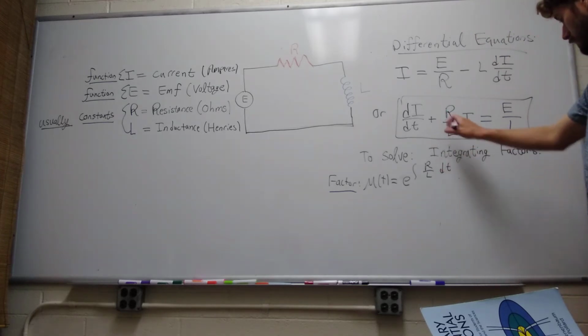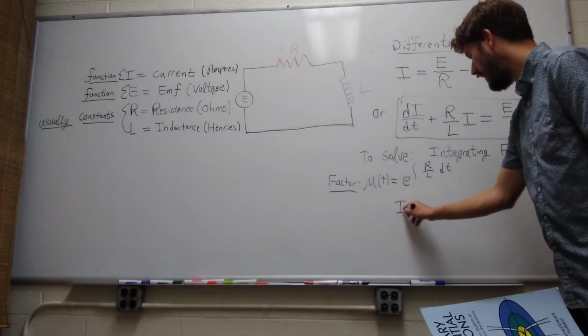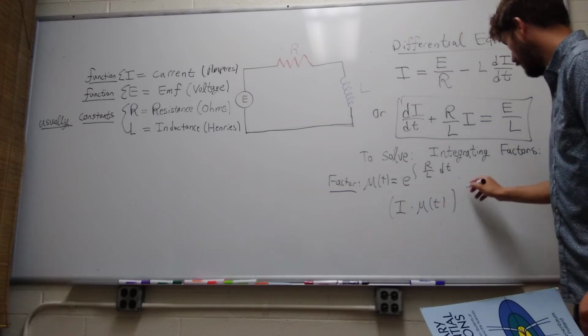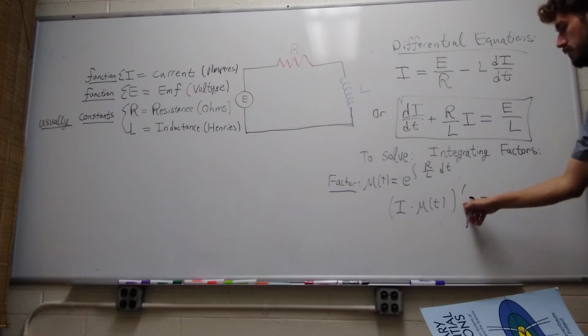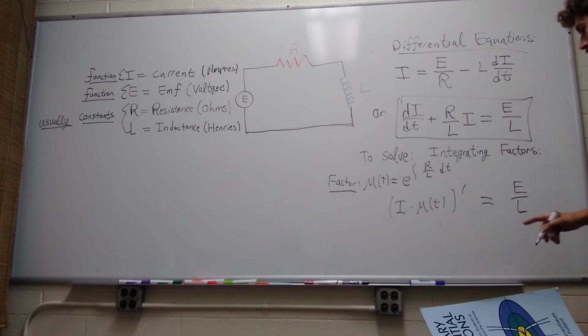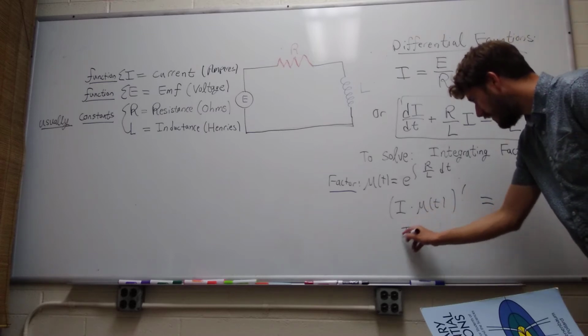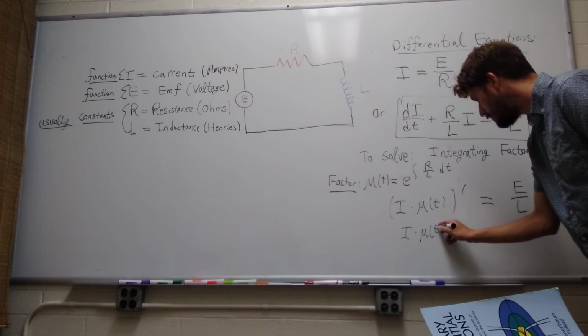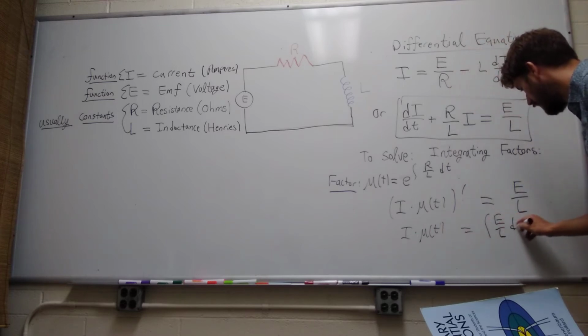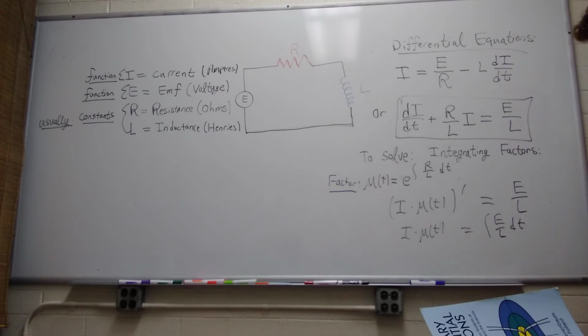And then this equation will literally become I times mu of t prime, that just means derivative with respect to time, is equal to E over L. You anti-differentiate, and we get I times mu of t is equal to the antiderivative of this function.